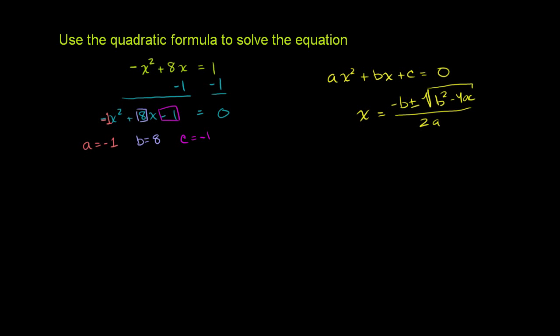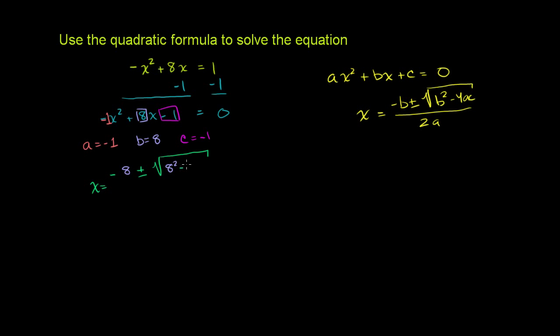The solutions to this equation are x is equal to negative b, so negative b, plus or minus the square root of b squared, of 8 squared, minus 4ac. Let me do that in that green color.